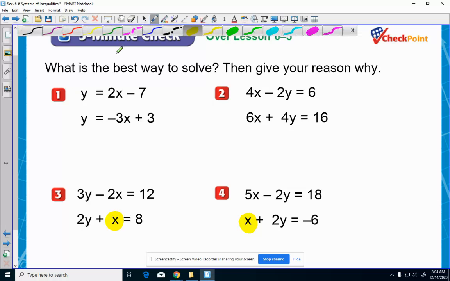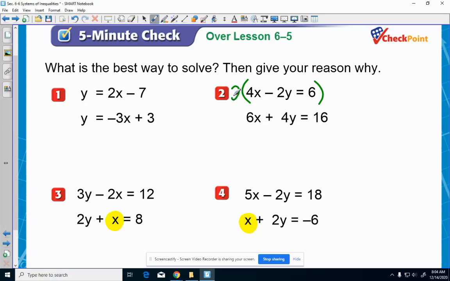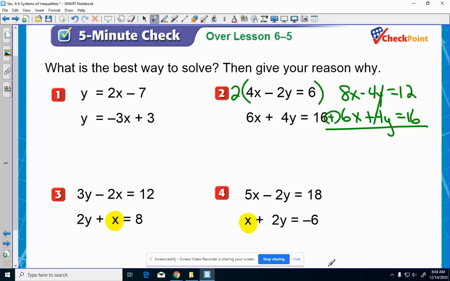Or maybe you take a look at one of these, something like this one up here, and say, well, maybe I'd multiply this entire equation by 2, giving me 8x minus 4y equals 12. And then when I bring this one over, you may say, now I'll add, and those will cancel each other out, giving me 14x equals 28.